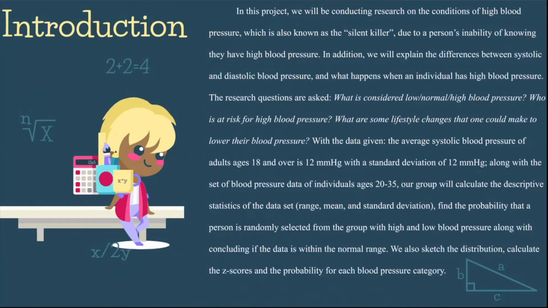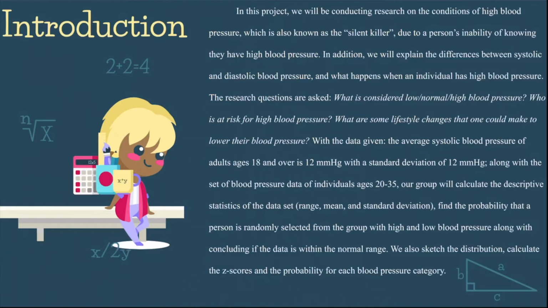With the data given, the average systolic blood pressure of adults 18 and over is 12 mmHg with a standard deviation of 12 mmHg. Along with the set of blood pressure data, individuals ages 20 to 35, our group will calculate the descriptive statistics of the dataset.